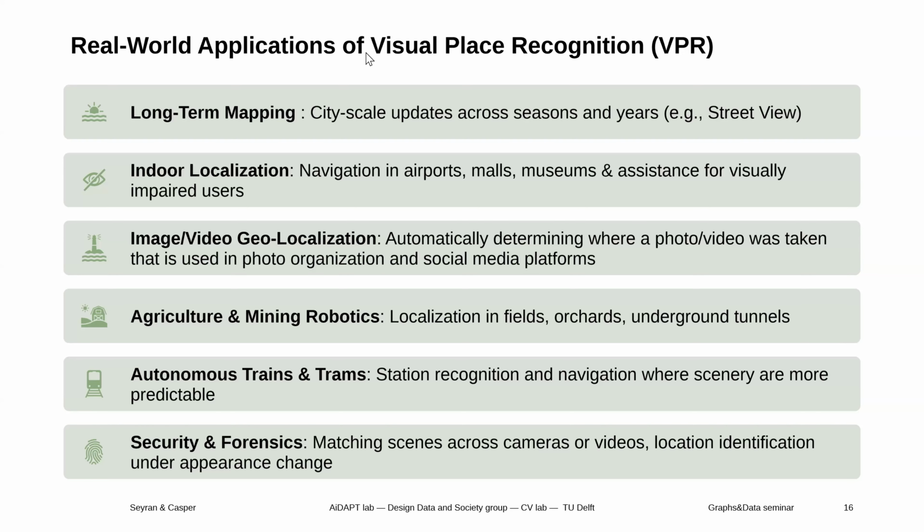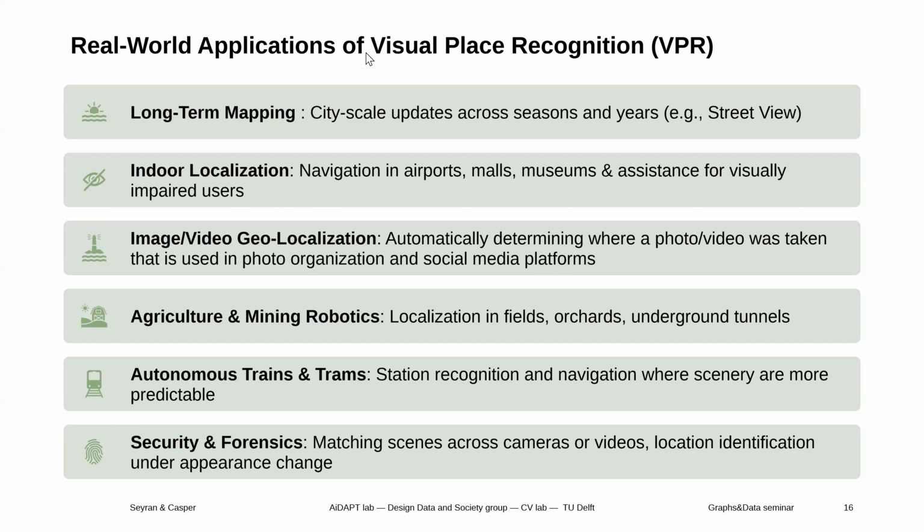I think most recent ones are using images, the same as autonomous drivers. I think it was almost 4 or 5 years ago that Tesla announced that they removed other sensors for localization, and they only use images. So computer vision also has an application there.